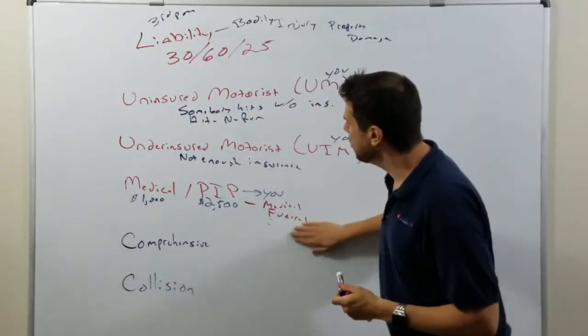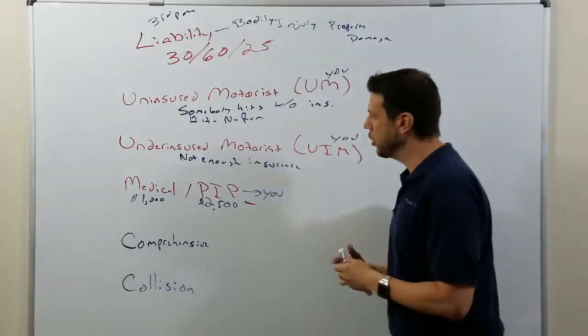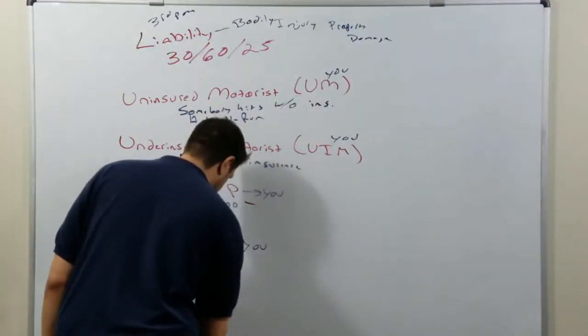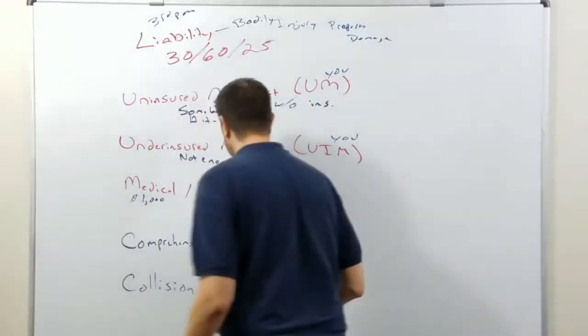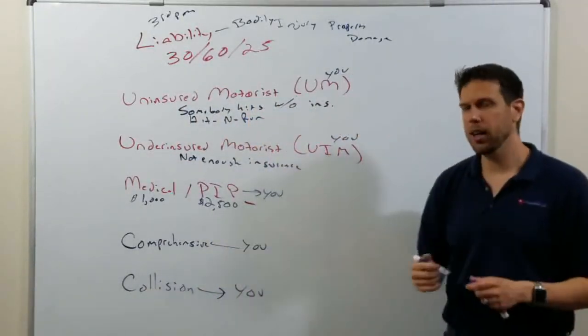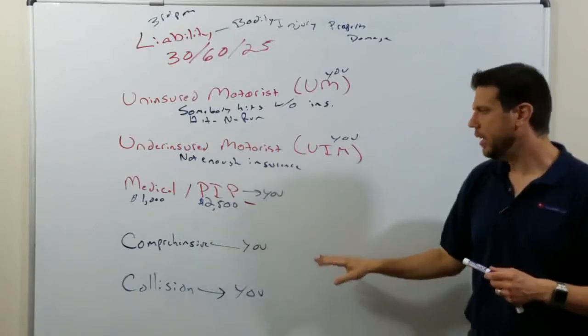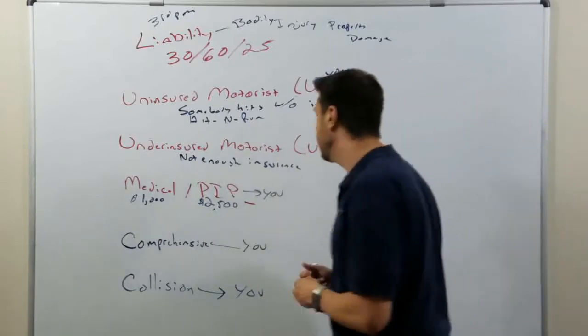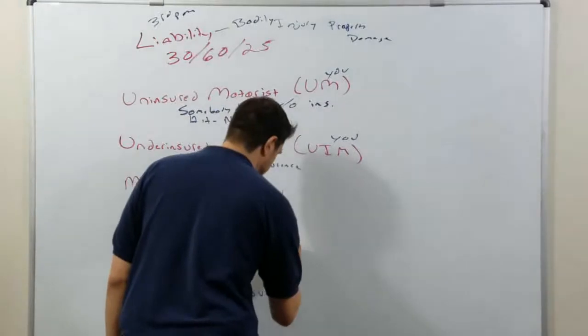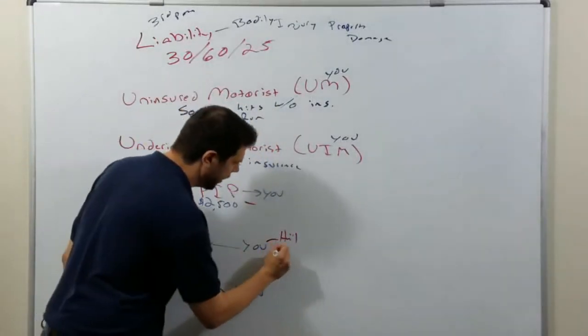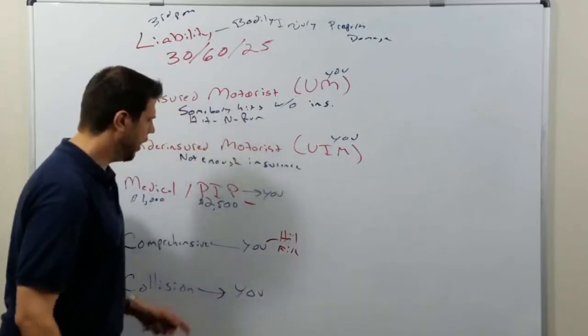Comprehensive and collision fix your car if something happens to your car. Comprehensive, also known as other than collision, fixes your car if it hails on your car, or if your car gets burned in a fire.